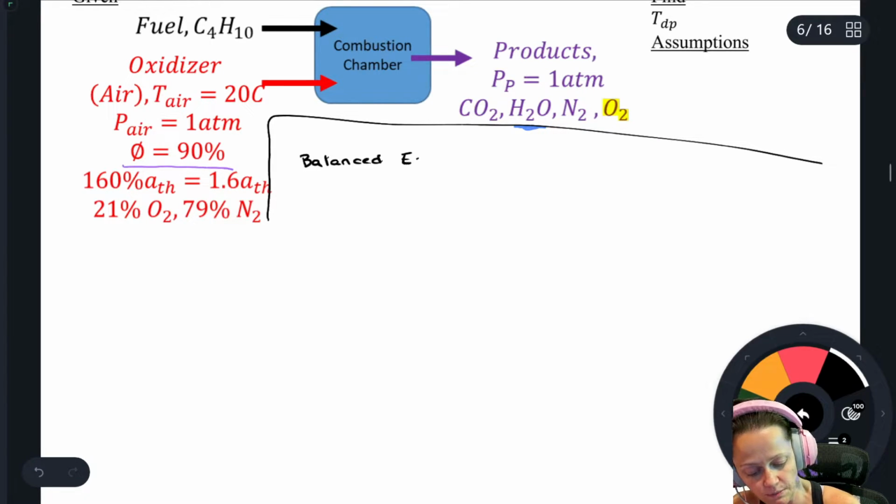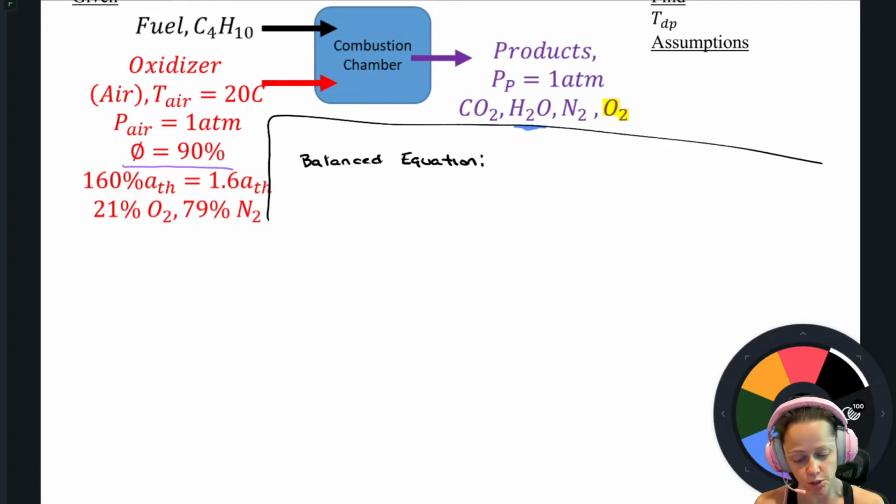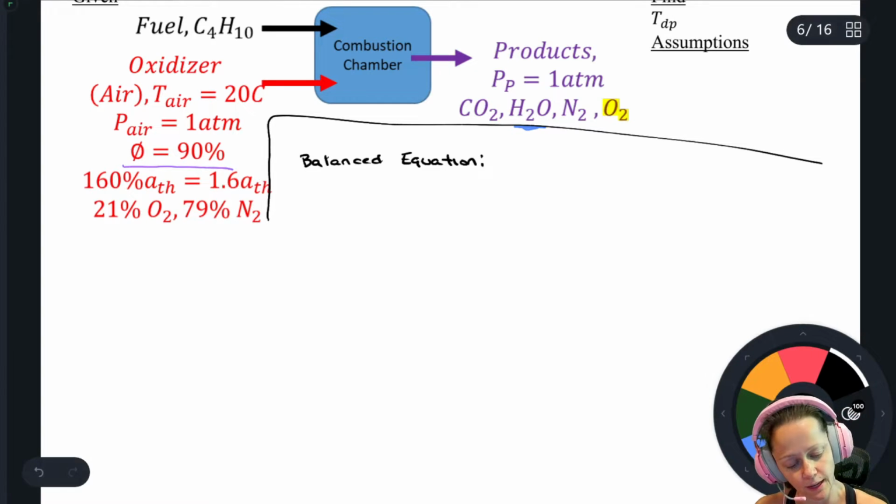All right, so our balanced equation. Let's go ahead and get our A_th. At least let's write this out.